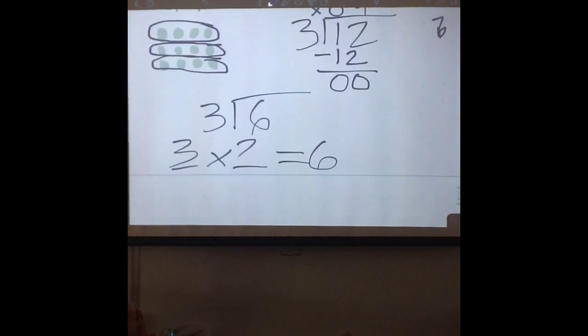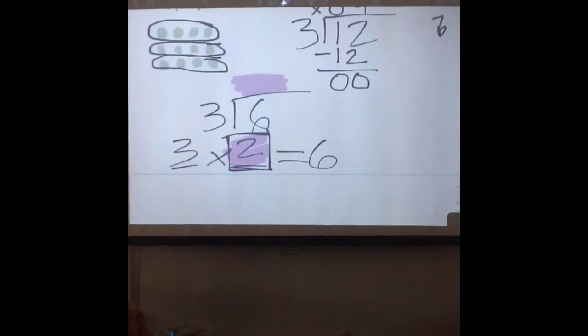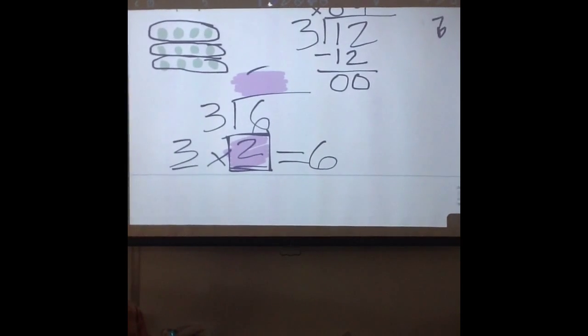2. So where do you think this 2 goes? I bet you it goes right up here. What do you think? Me too. So that would be true. So I'll rewrite it over here real quick so we can show our work if we wanted. How many 3's are in 6?